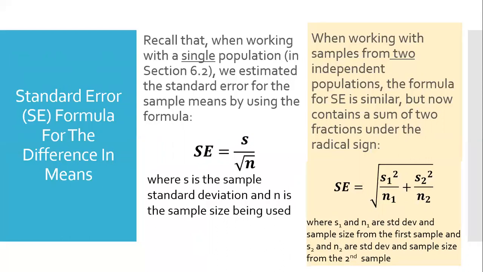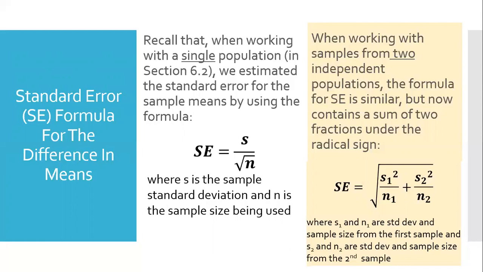You'll notice there that the overall appearance of the formula not only bears some similarity to the formula for one population mean, but also is somewhat similar to our formula for standard error for the difference in population proportions, in that once again, we have the square root of a sum of two fractions, each of which has the sample sizes in their denominators.